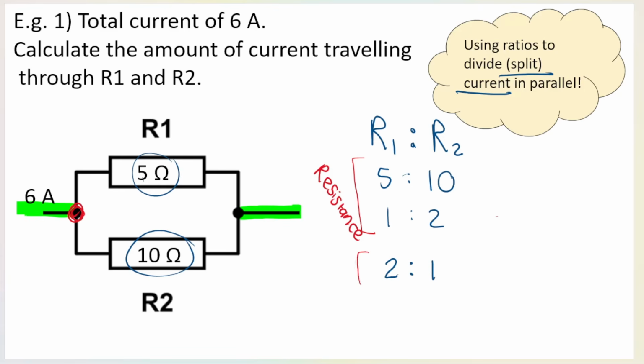That is what I now call the ratio of currents. If that's confusing, just keep reminding yourself of the relationship. Small resistor, R1 is small, so 1 is smaller than 2. Big current, 2 is bigger than 1. So just flip the ratio. You write the ratio of resistances, 5 to 10, simplify it and flip it.